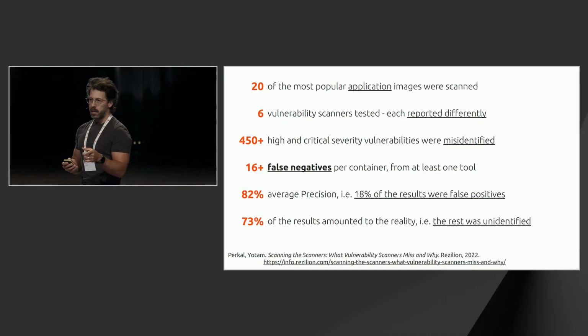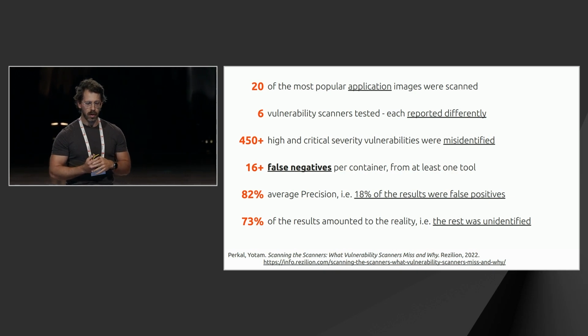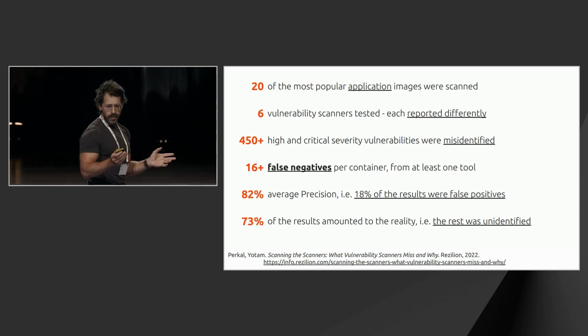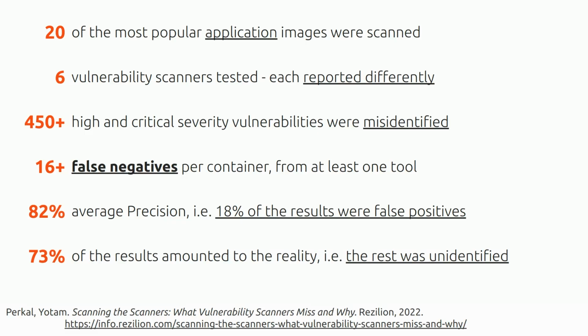And there's a study here which was quite interesting where they took 6 popular vulnerability scanners, no names, and they scanned 20 of the most popular images in a public registry.